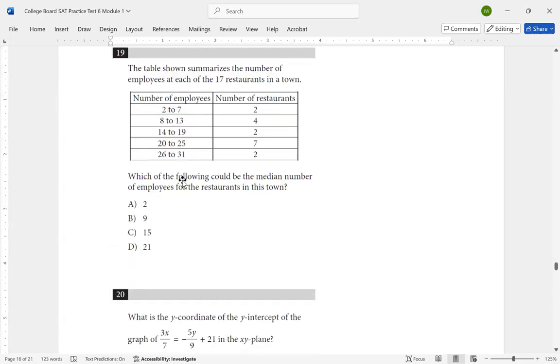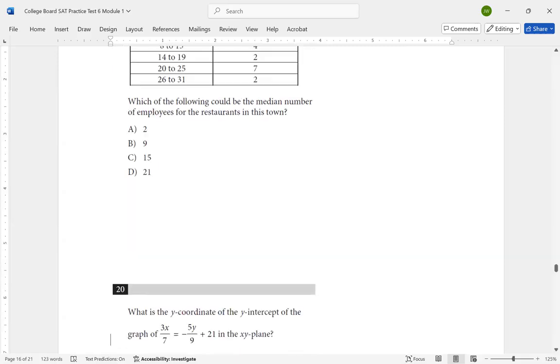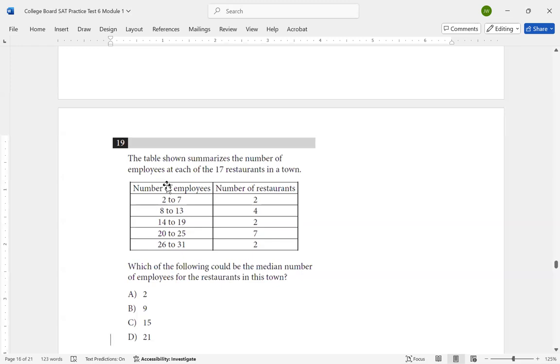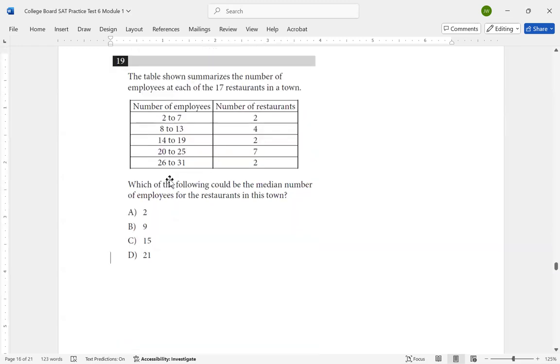Question 19. The table shown summarizes the number of employees at each of the 17 restaurants in a town. So at each of the 17 restaurants in the town, we have the number of employees. There are between 2 and 7 employees at 2 restaurants.